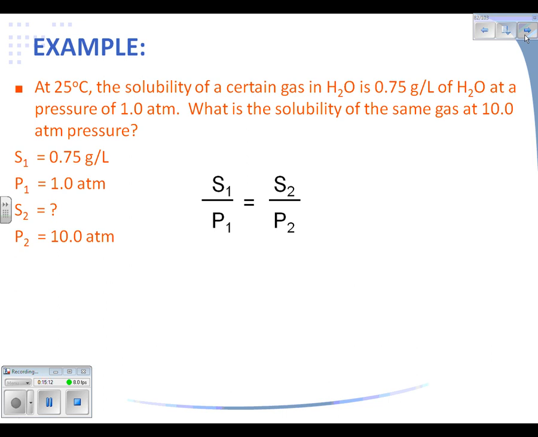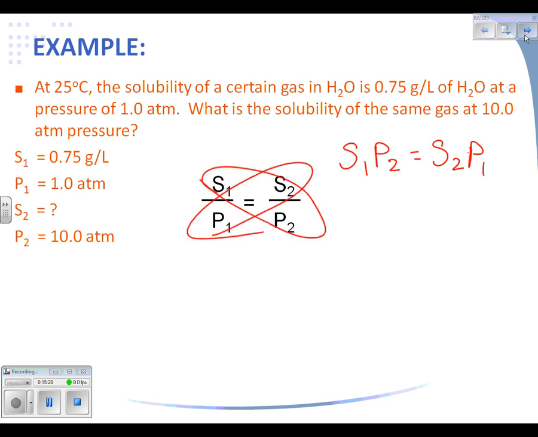If you remember, when I did gas laws, I really liked for y'all to not have these fractions, and I liked it to be more that y'all had S1 P2 equals S2 P1, and that was just doing that cross multiplication already, okay? And so if that's the case, then I'm going to fill in my 0.75 grams per liter.